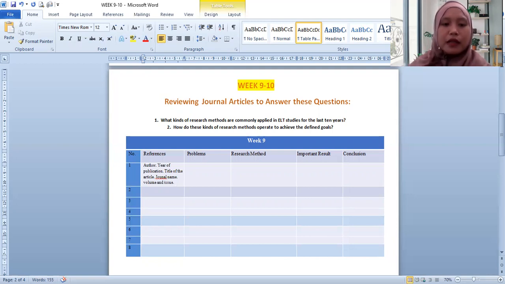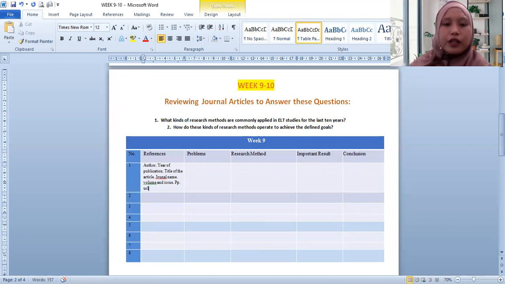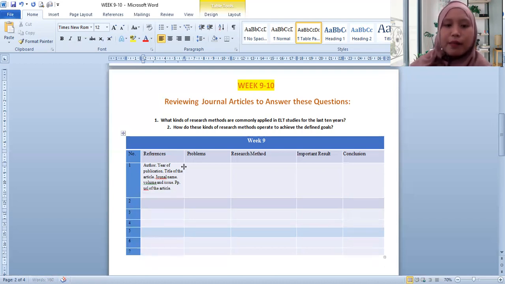So the page numbers are different. So write from what page to what page, okay? And don't forget to attach the URL. Where did you get the URL of the journal article? So you could write it down here. Let me give you an example.